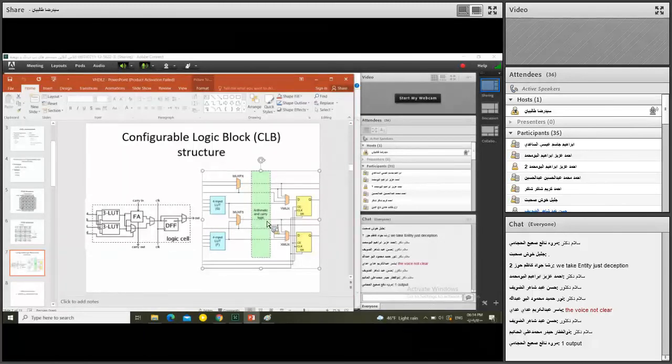We can see an arithmetic block that is larger than a little full adder. We can see 2 multiplexers at the output of arithmetic operations, and 2 D flip-flops in comparison with 1 D flip-flop in the other logic block, for better selection. The only difference between these 2 CLBs is this.